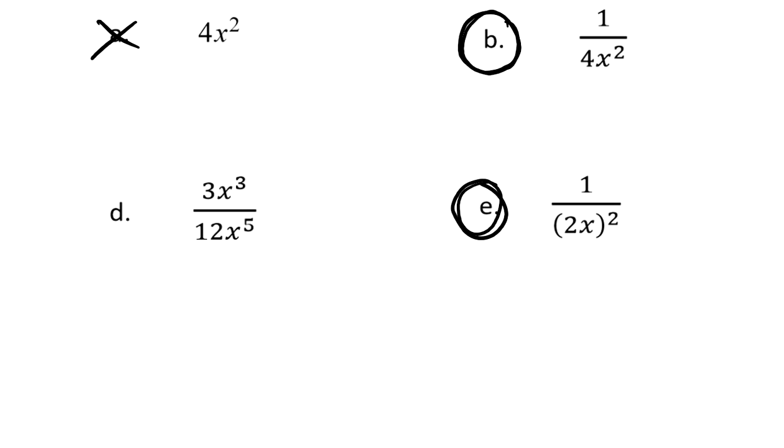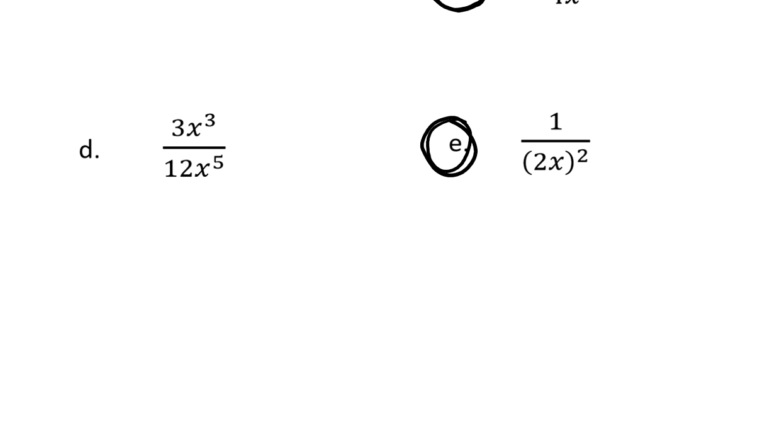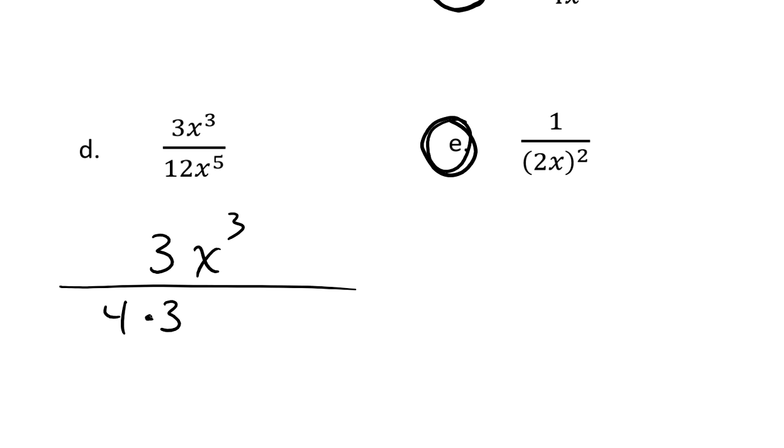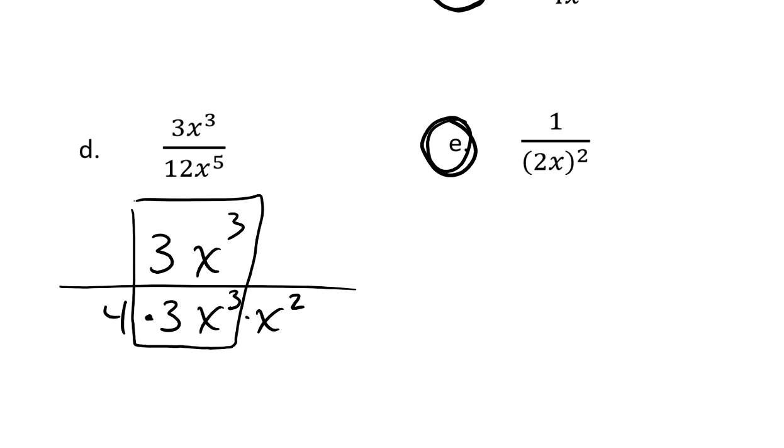And if I look at D, simplifying that with the giant 1 would probably be a good idea. I could write in my numerator 3x to the third, and in my denominator I might write 4 times 3, that is 12, and then x to the third times x to the second power. You can see each of these has a factor of 3x to the third.